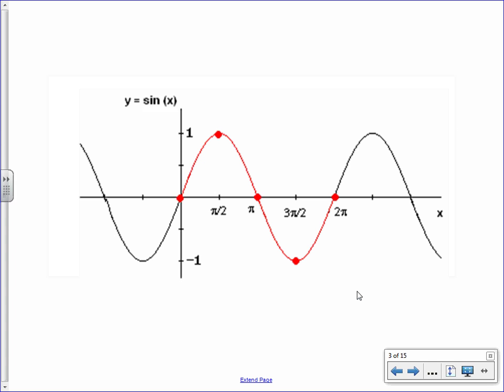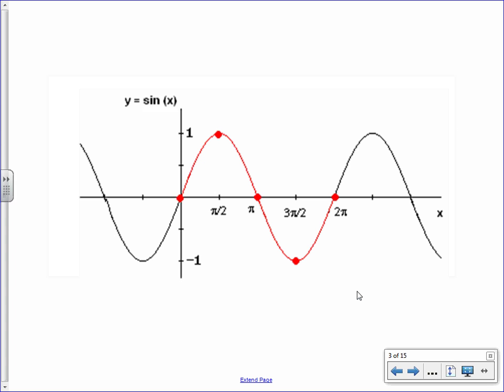Now, I can keep rotating around the unit circle forward or backwards, and we're going to get the same pattern. So the sine graph oscillates in both directions forever. What do I mean by oscillates? Oscillates means we're bouncing back and forth between values.